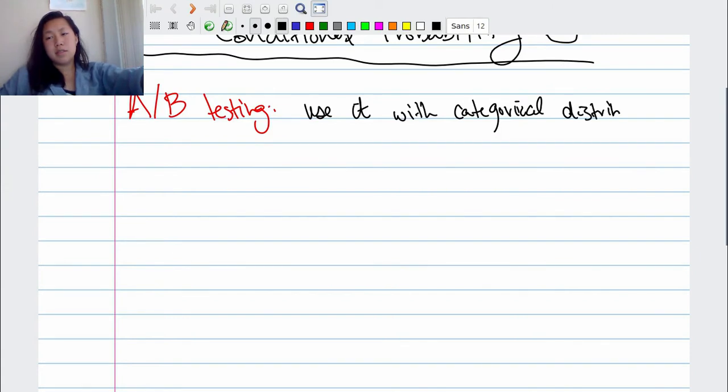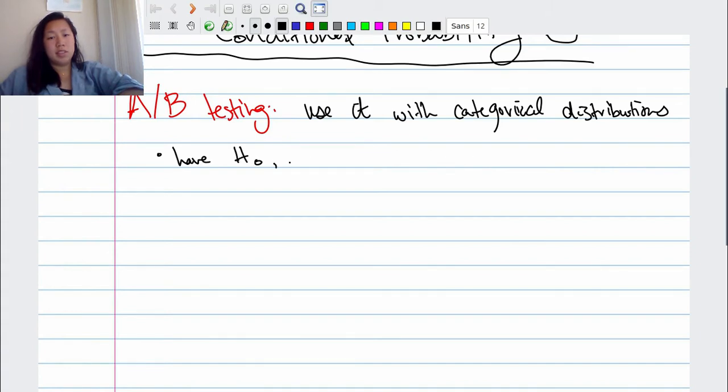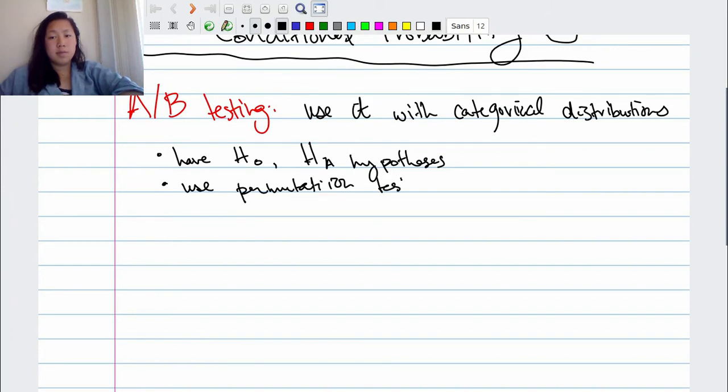It's pretty similar to hypothesis testing, where you have your null and alternative hypotheses, and then you use permutation testing to come up with your conclusion.